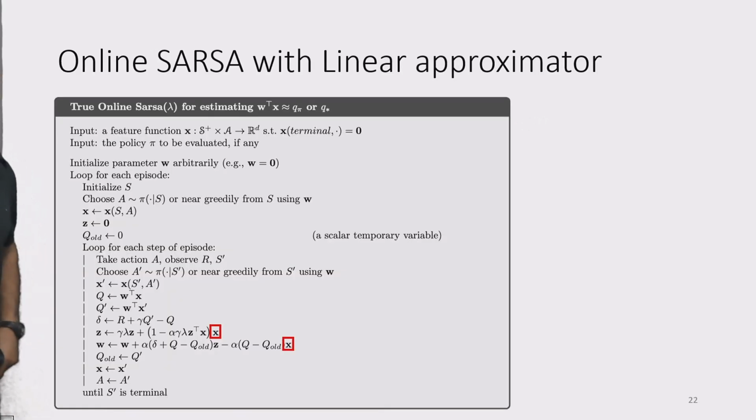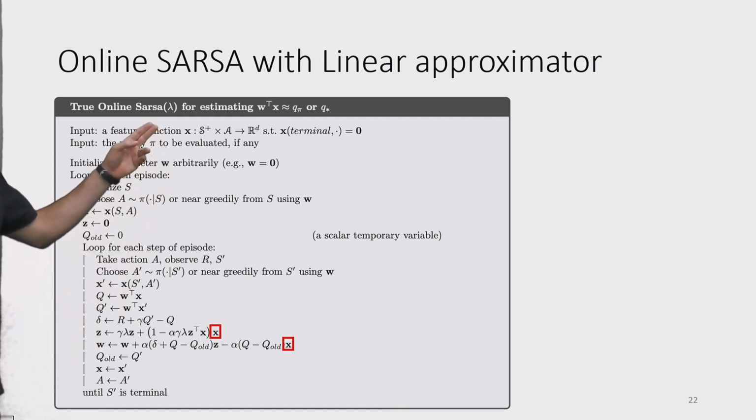So this is the pseudocode for online SARSA with linear approximator. By the way, why is this only applicable for a linear approximator? Do you know? Any idea? There's a clue here.